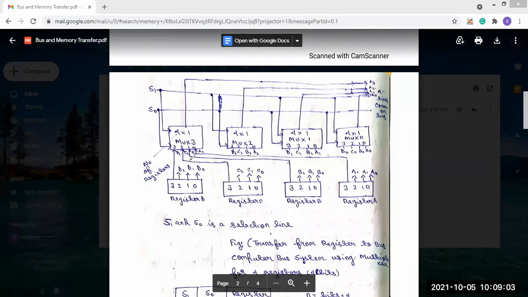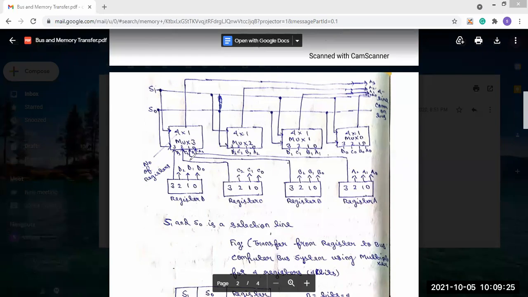That means memory read and memory write will be present, because the name suggests memory transfer. All the operations that happen will be in the case of memory. So among these four operations, only memory read and memory write are performed here.